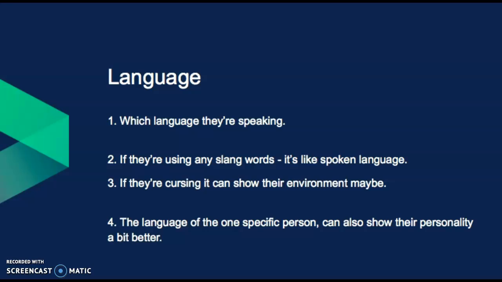The language of one specific person can also show their personality a bit better. I have some examples from the text: "I've been waiting for 15 minutes." The second one is, "Well, I've been standing here." And the third, "I'm in the middle of something." These sentences can be understood in a very aggressive and very impatient way.